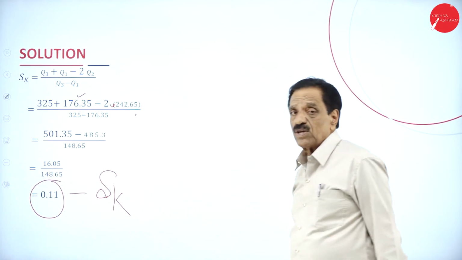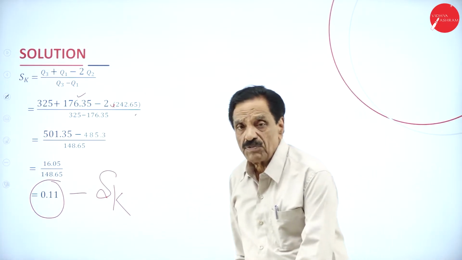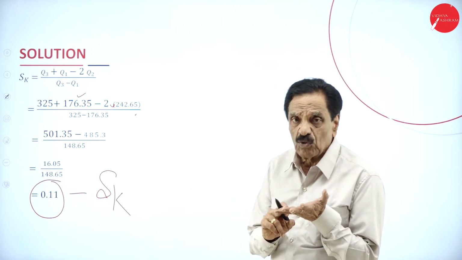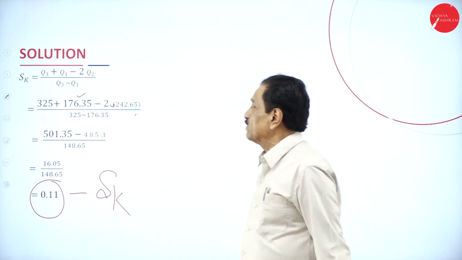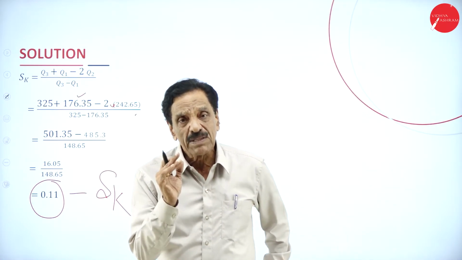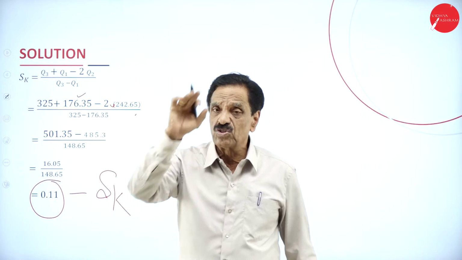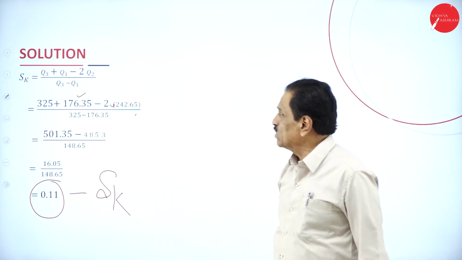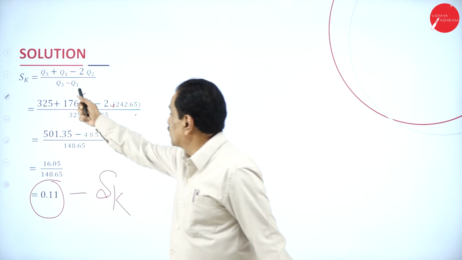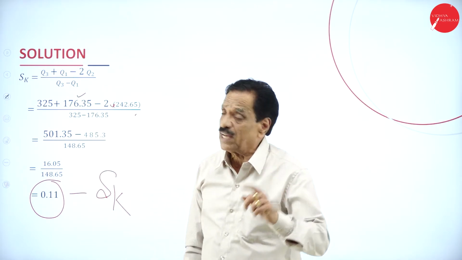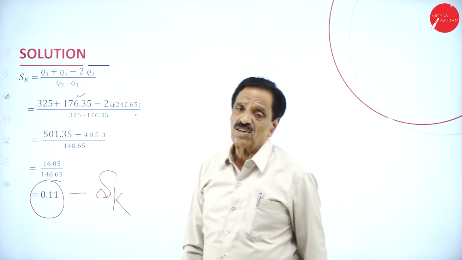Your skewness is 0.11. So what we did, we calculate the Q1, Q2, Q3. What's the formula? Q3 plus Q1 minus 2Q2 divided by Q3 minus Q1. We have calculated Q3 third quartile, Q1 first quartile, and second quartile Q2.